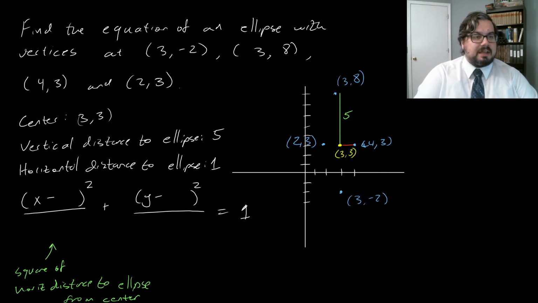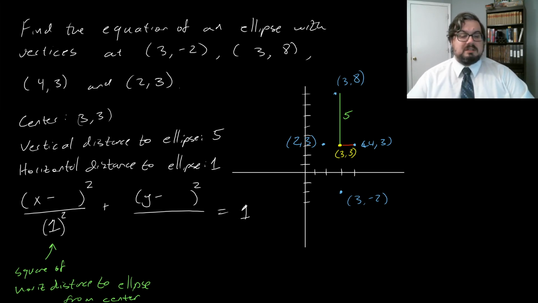So, in our case, the horizontal distance from the center to the ellipse is 1. So that's going to be 1 squared in the denominator here. And over here, it's going to be the same, but for the vertical distance.